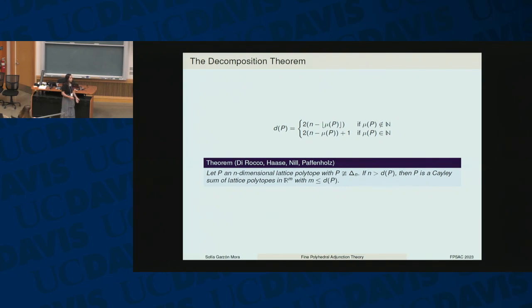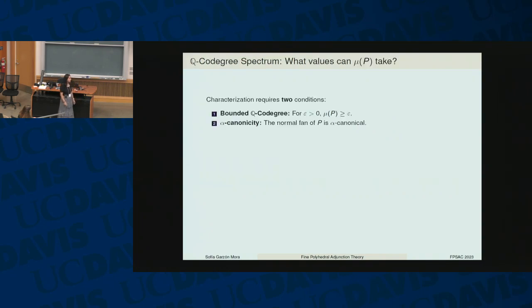And where can we also use this invariance? Well, it turns out that we can characterize the values that the Q codegree can take. This is called the Q codegree spectrum. And in this case, we require two conditions. The first condition is that I bound it from below by some epsilon. And the second condition is that the normal fan is alpha canonical.